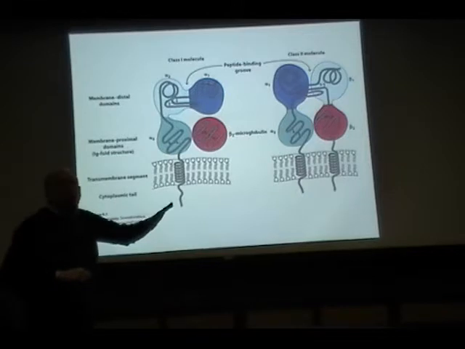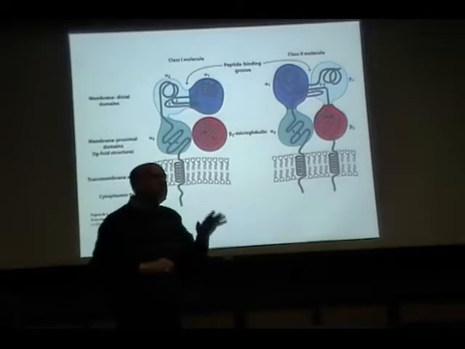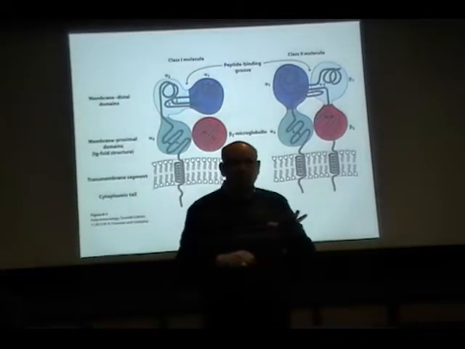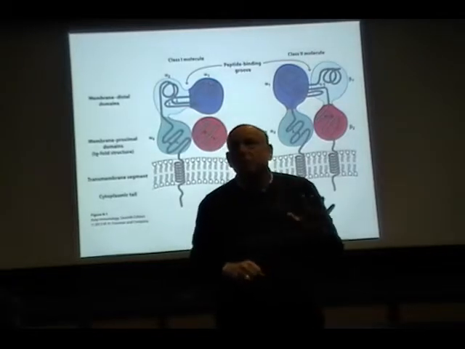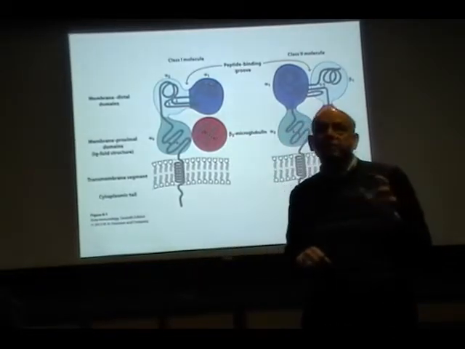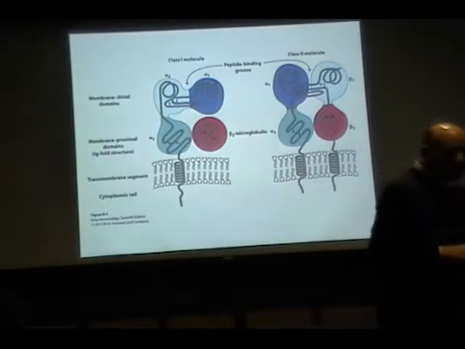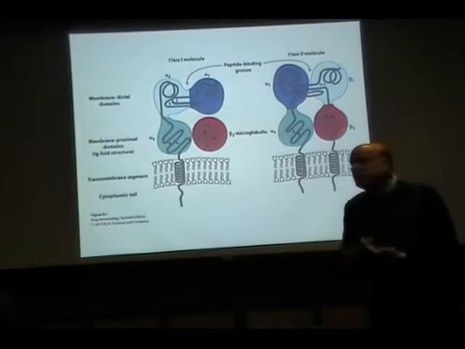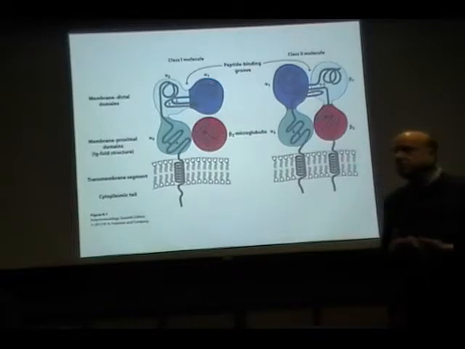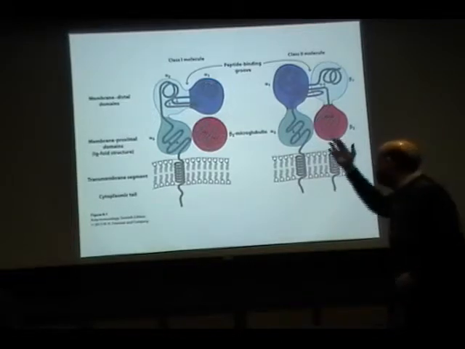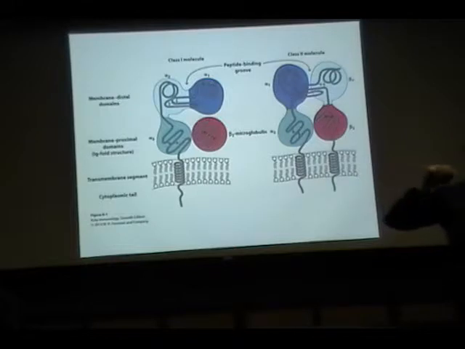The class 1 molecule only communicates with CD8 positive T cells. You just have to memorize that. There is no trick I can give you to explain the relationship. So class 1 molecules present antigen to CD8 positive T cells. Class 2 molecules on the right-hand side present antigen to CD4 positive T cells.